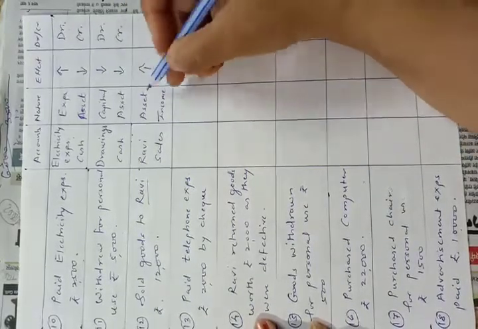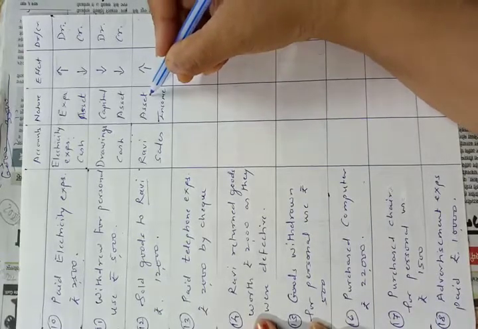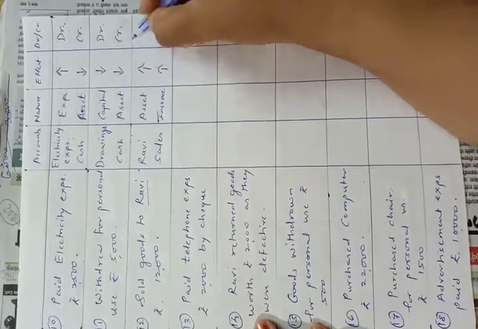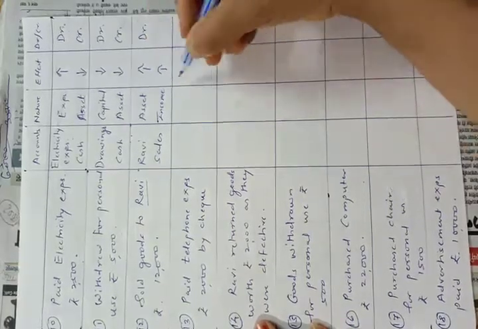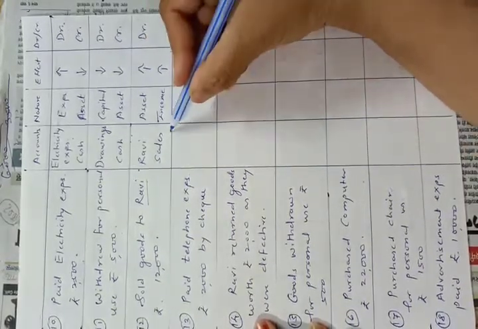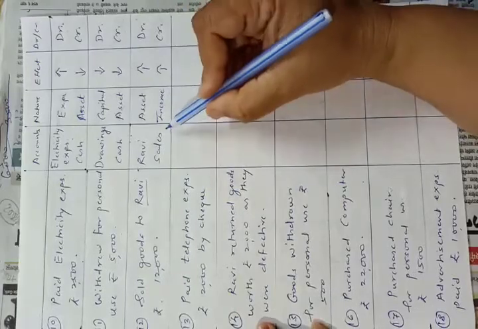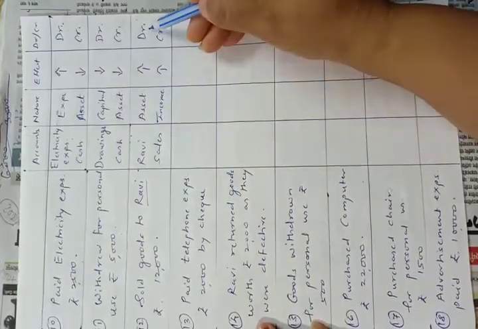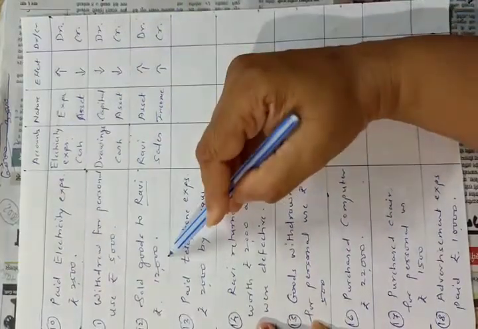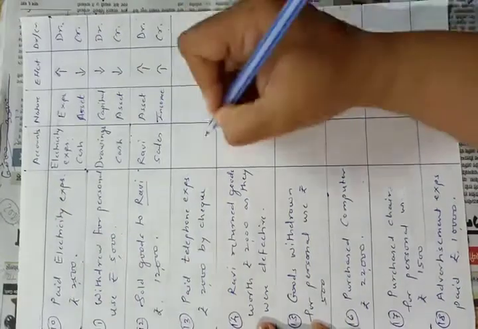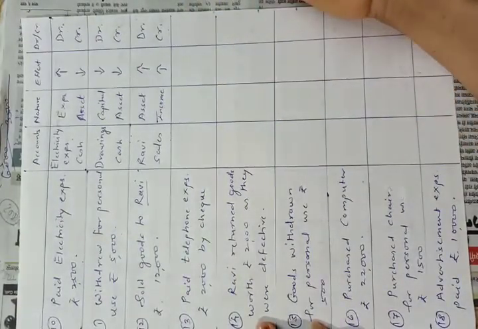So, first rule for asset, that is Ravi's account. When there is increase in asset, account should be debited. Second rule for sales account. When there is increase in income, account should be credited. So in this transaction, Ravi's account will be debited by rupees 12,000 and sales account will be credited for rupees 12,000. Okay. Now the next transaction.